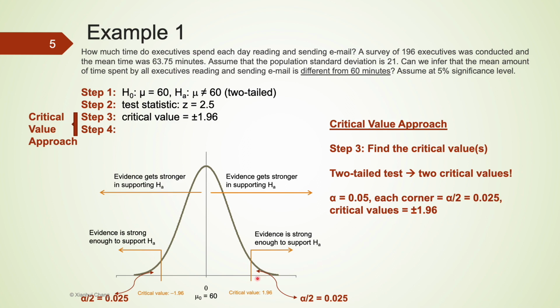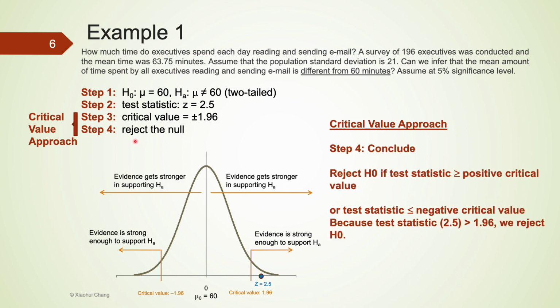If we know this is 0.025, we can find out that the z-score here should be positive 1.96. You can use Excel, you can use a Z-table to find it. If this positive critical value is 1.96, we know that the negative critical value should be negative 1.96. So two cutoff values, plus minus 1.96.